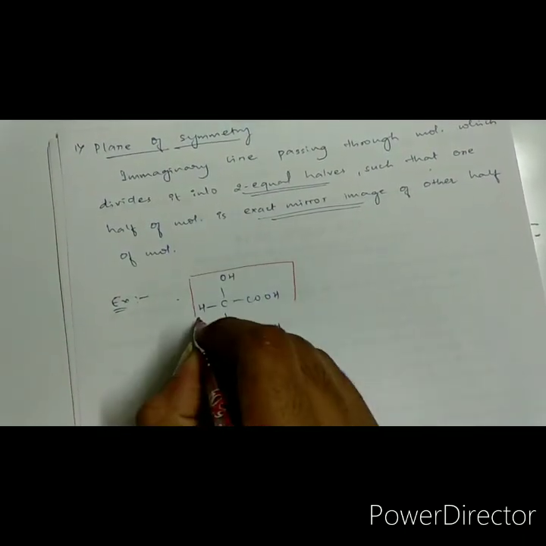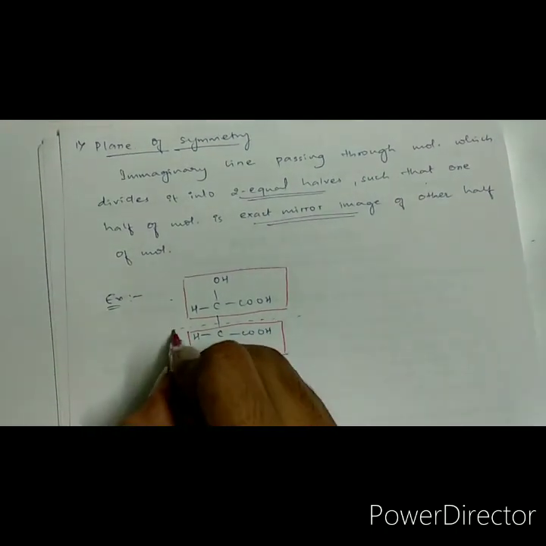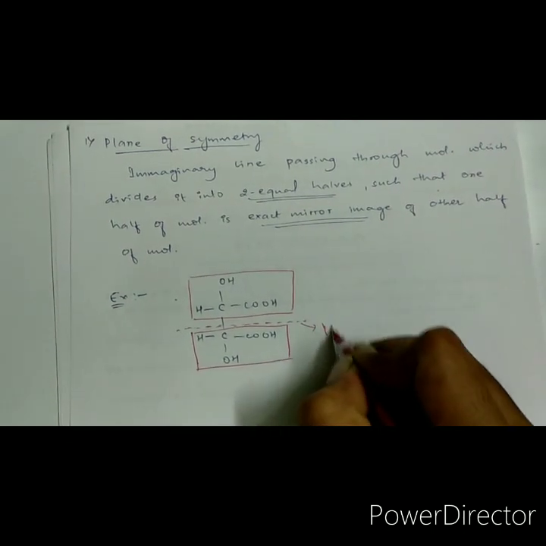Here you can see that this half of the molecule is exactly the mirror image of this half. So this imaginary line we have drawn is known as the plane of symmetry.